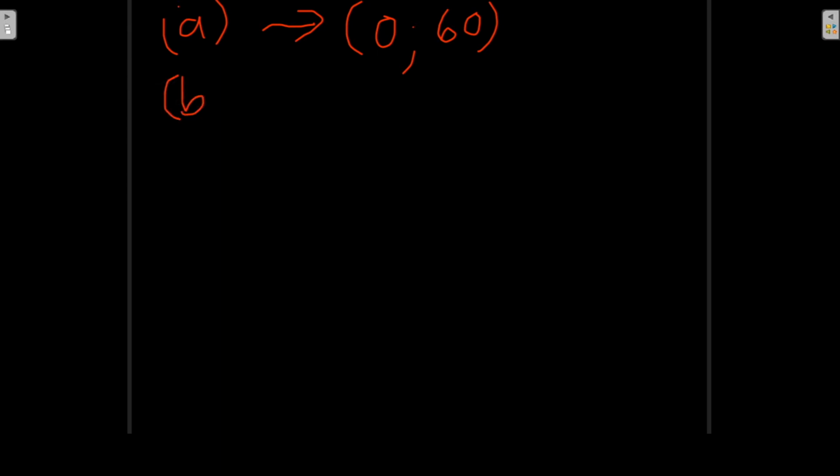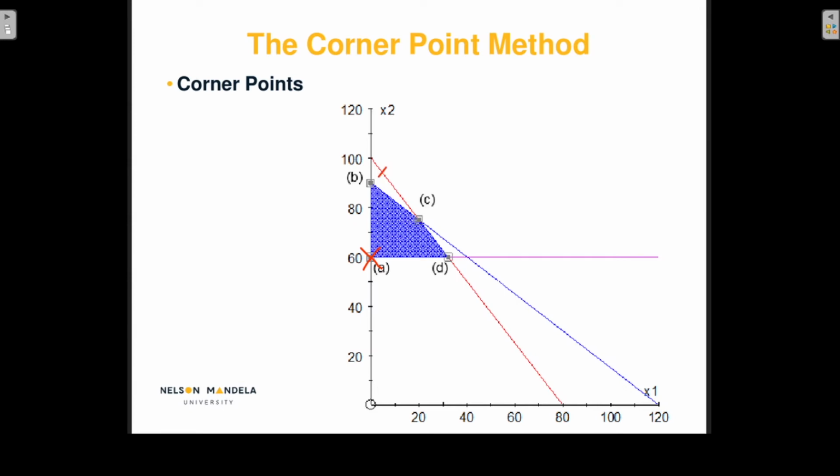Now let's go to corner point B. That is corner point B, and that is where my constraint, and that blue line was my second constraint. Perhaps I should also number my constraints. So this blue one was my second constraint.